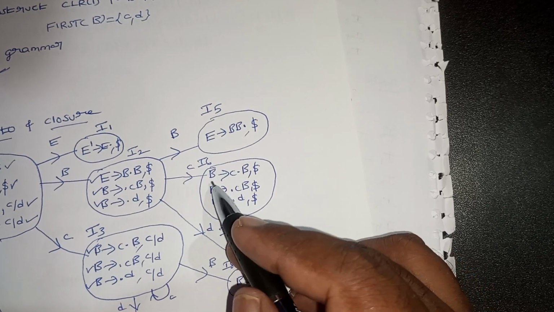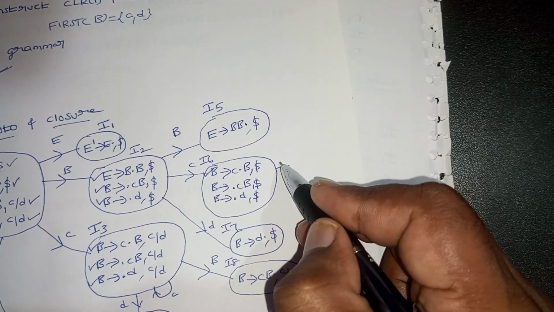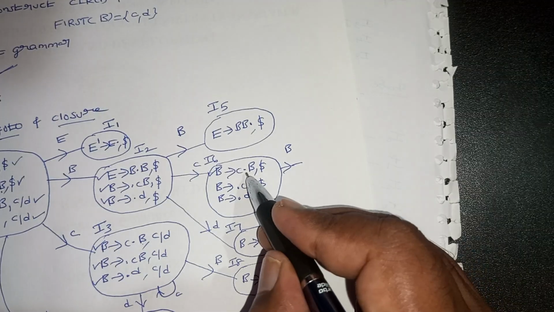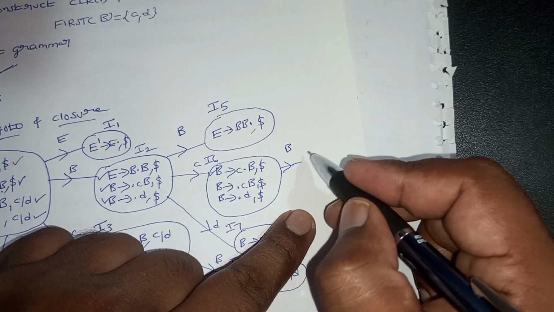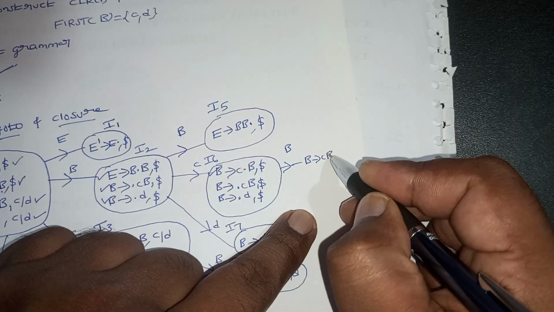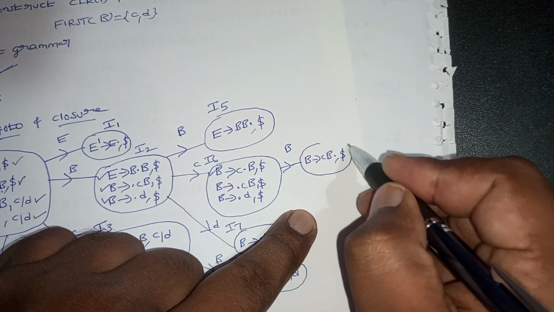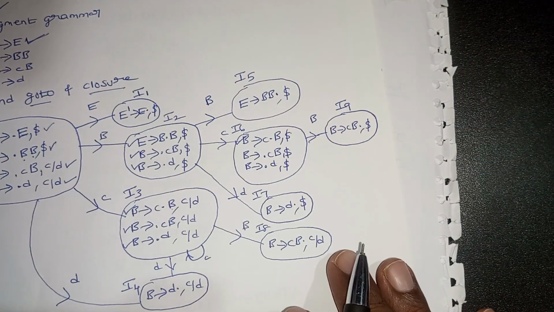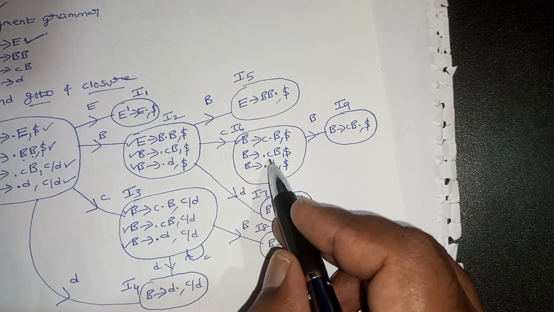Now in the I6 item, you take the first rule. You write B and move this dot to the right of it. So the item is B tends to small c B dot, comma dollar. Name it as I9. Now this is over, and this one is pending.